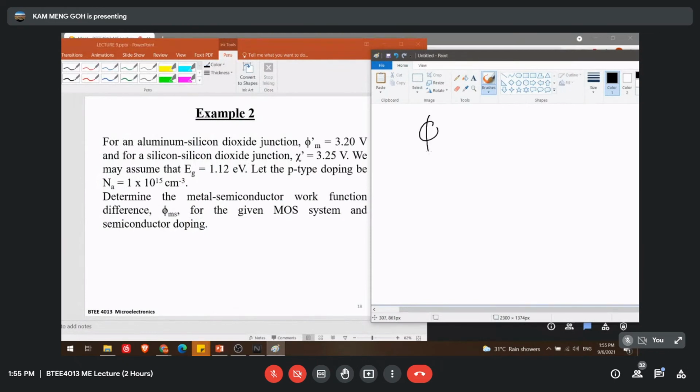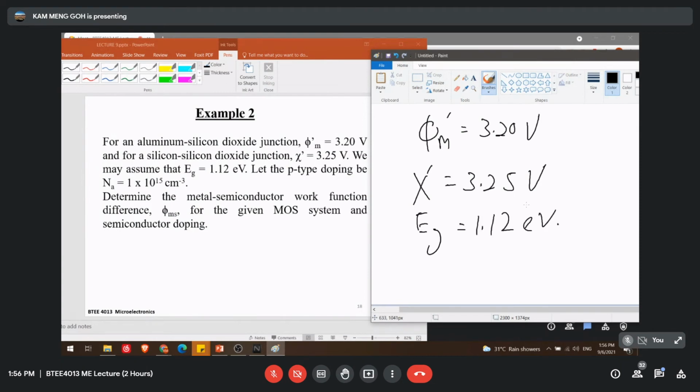This one, 3.20 V, 3.25 V, Eg 1.12 eV, and Na of 1 times 10 to the power 15 per cm cubed.